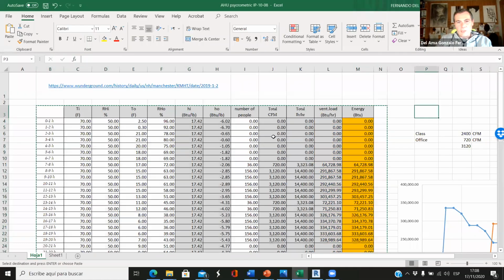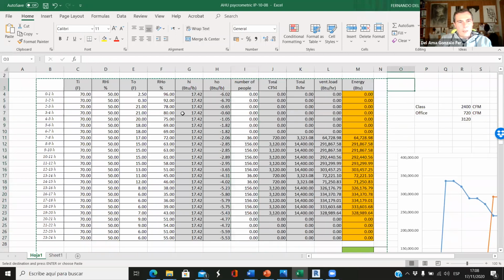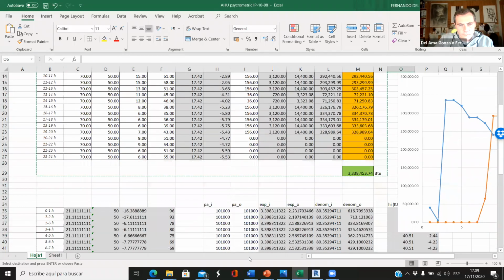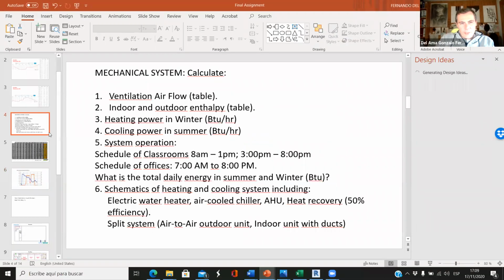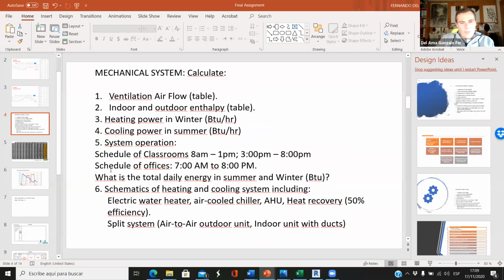And then we have to do the same in summer. We are not changing the number of people, and we are changing just the indoor and outdoor temperature here. Okay, what else? What is the total daily? Okay, so we have already done this.